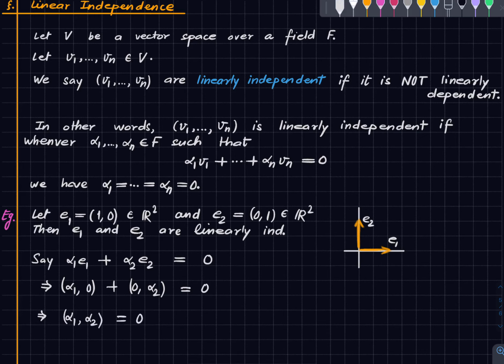But 0 is just denoting the additive identity of R2, which is (0, 0). This implies alpha 1 is 0. Same is true for alpha 2. And therefore, e1 and e2 are linearly independent. And you can easily generalize to Rn or Cn or Qn or Fn, the exact same thing, which I leave to you.